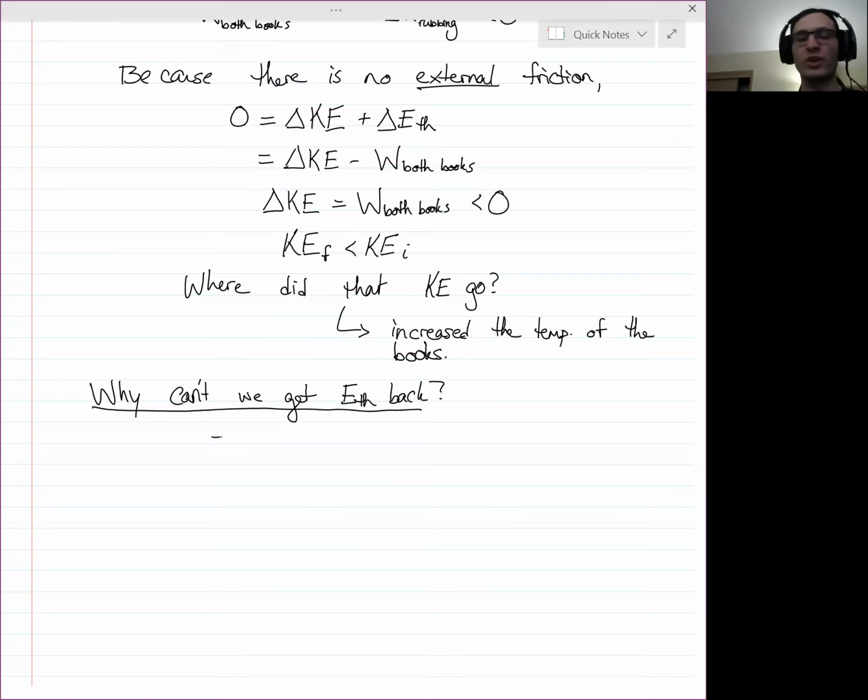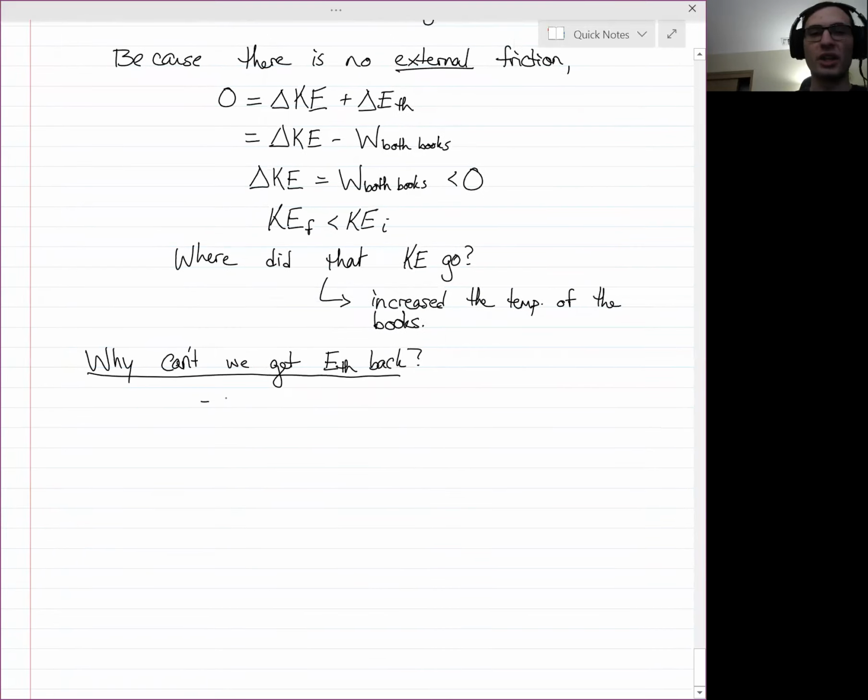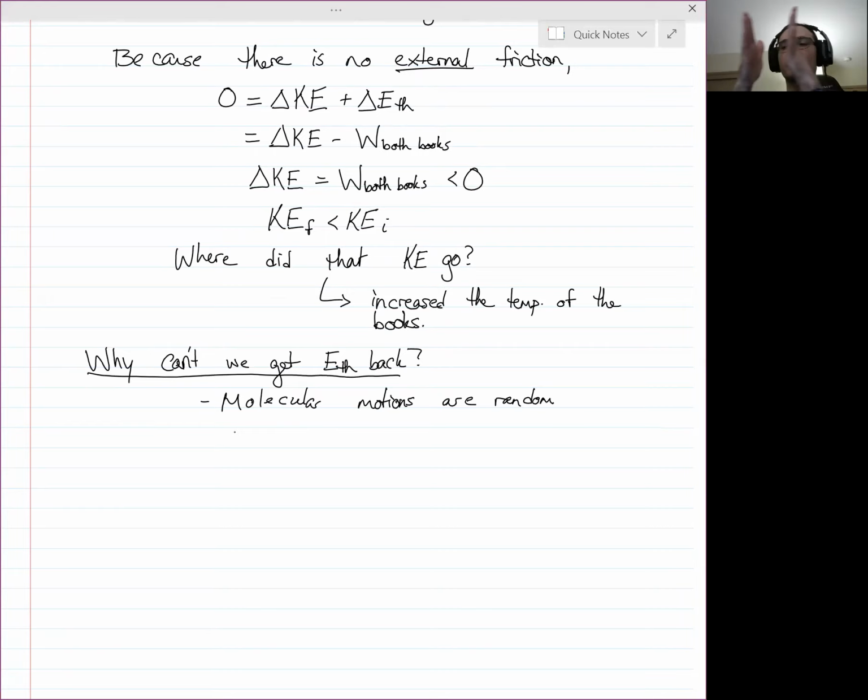Anyway, hopefully that answers it. One possible explanation for why we can't get that thermal energy back is that molecular motions are random, whereas the standard kinetic energy that we calculate in this course is orderly. Every single molecule in the object moves at the same rate on average.